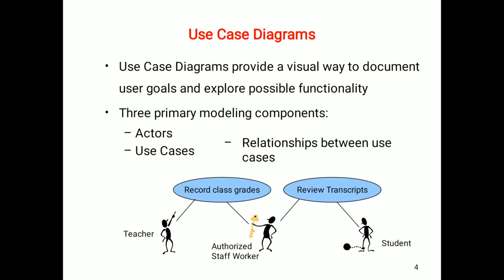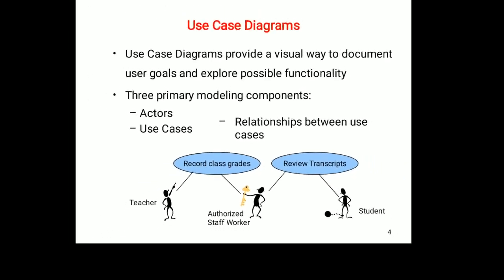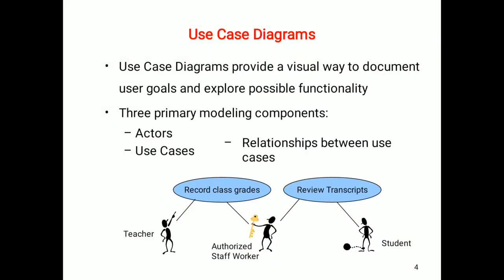Now along with actors and use cases, we have one more component, that is nothing but the relationship between use cases. We can see here, this is the relation, this is a straight line, here also a straight line, here also two straight lines to the right use case. These are showing how a particular use case is associated to one or more actors.